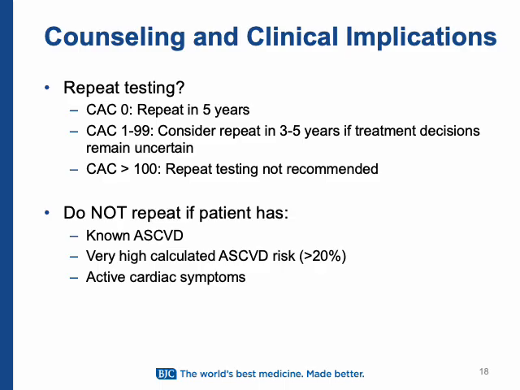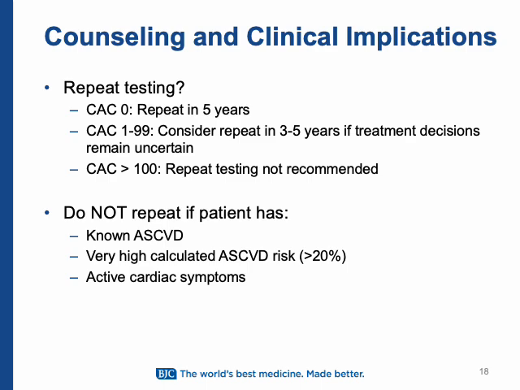So scans should only be repeated when the result is likely to change what we do next. For patients with their first score of 0, the event rate remains pretty low for several years, so repeating the test earlier than 5 years really doesn't provide additional value. Some experts consider a 3 to 5 year interval if a patient's risk factors change.